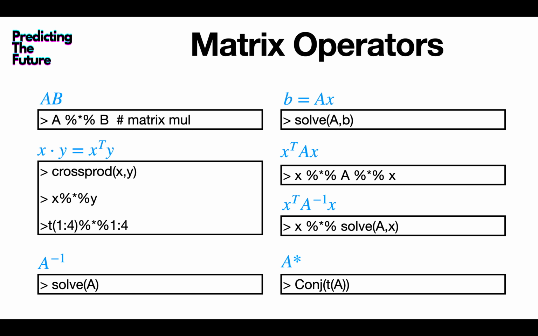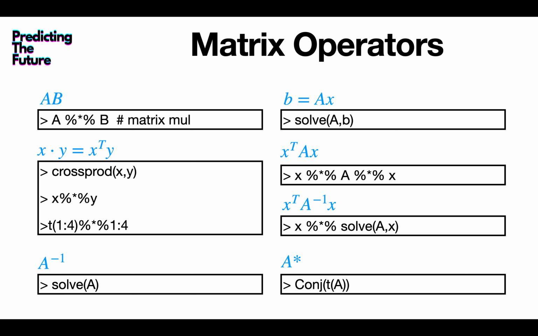And for the dot product or inner product of x and y, we can use a function called crossprod of x, y. Also, the other way of doing the dot product of vectors is the same as the matrix multiplication sign, percentage star percentage. So x dot product y can be written as x percentage star percentage y.